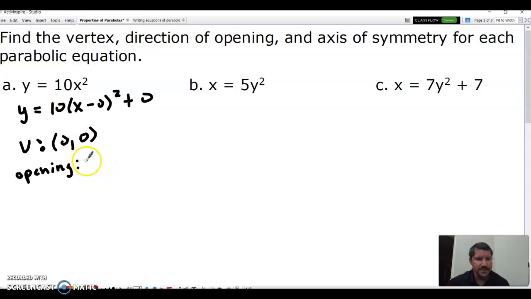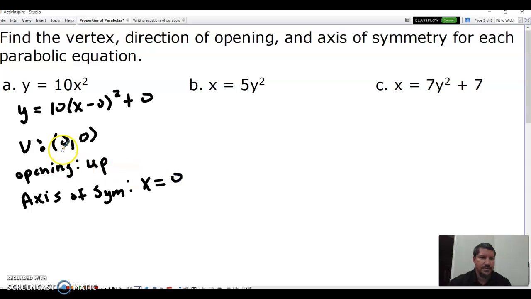Since that's positive, it means that I'm opening up. And my axis of symmetry is going to be x equals 0. So remember, in this case it's opening up, with a vertex like that, so it goes right through x equals 0.